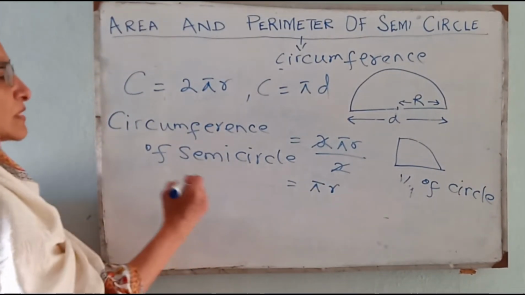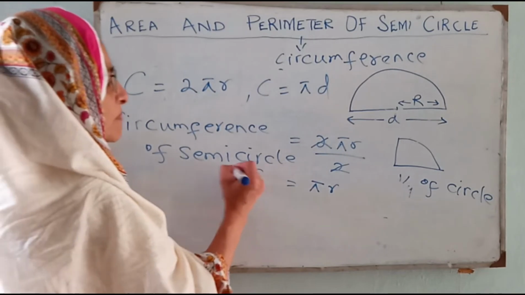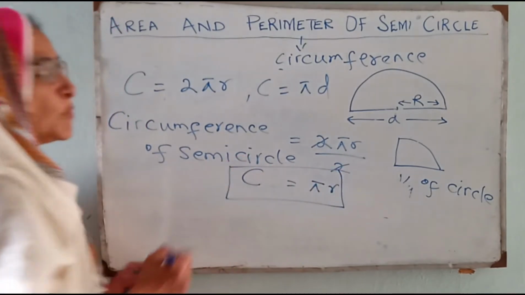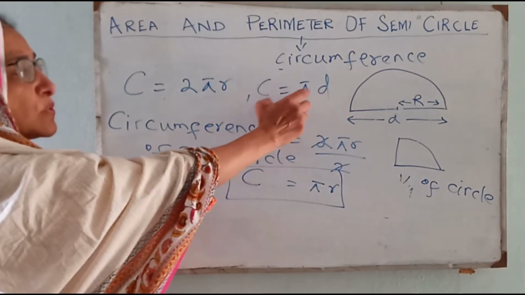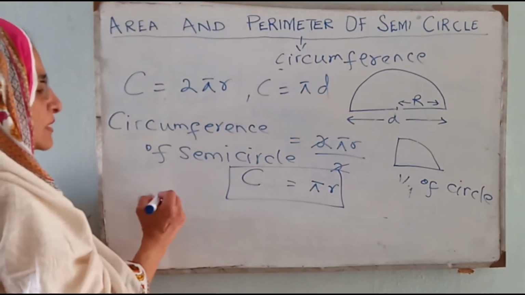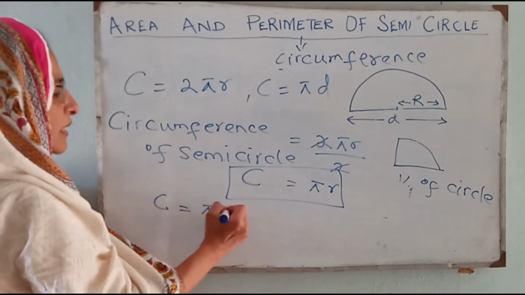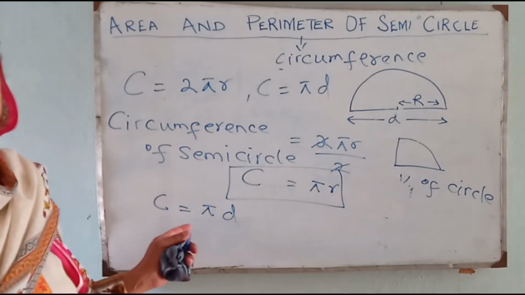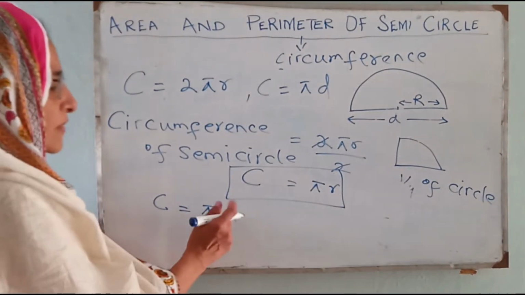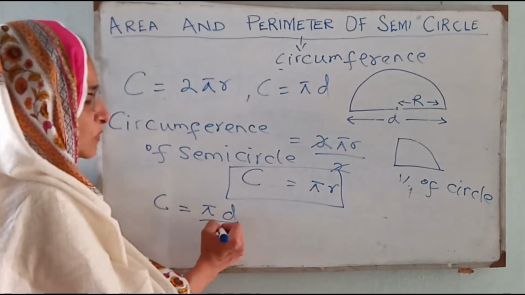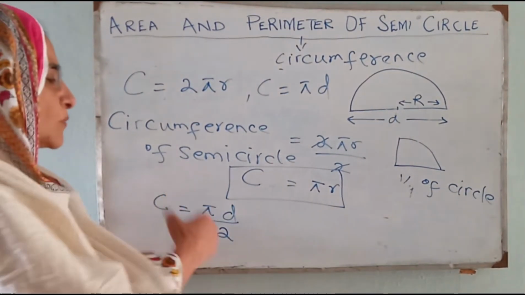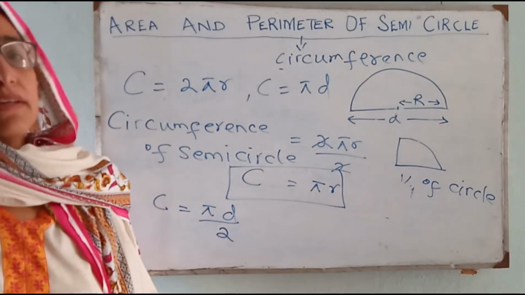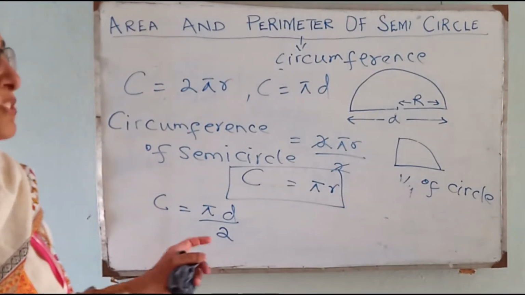So the circumference of a semicircle is equal to pi r. This is one formula, and the other formula for the circumference is pi d, and if the diameter is given, you are going to use this formula. You are going to divide it by 2, and in this way you get the circumference of the semicircle.